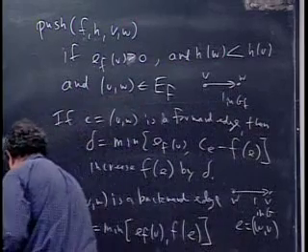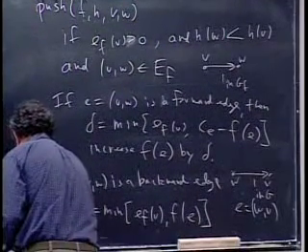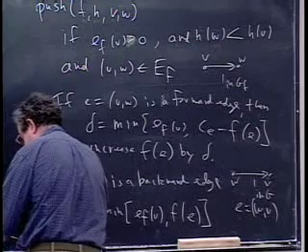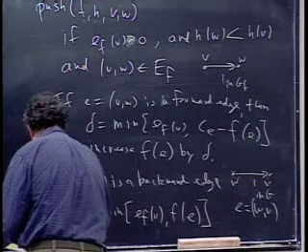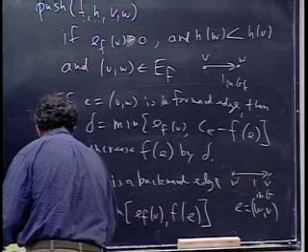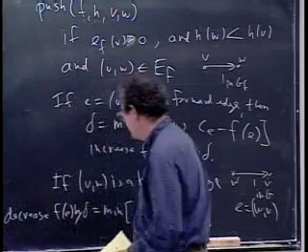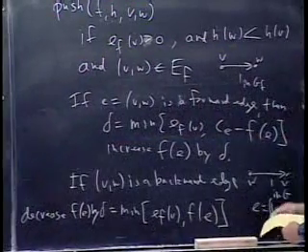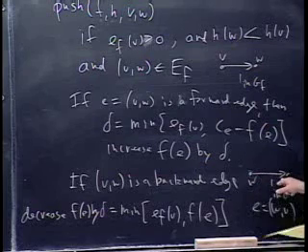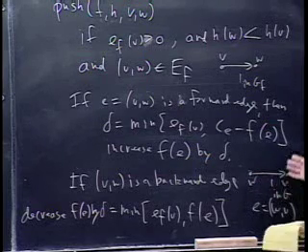And then we can decrease f of e by that much. So we're going to decrease the flow that goes from here to here by as much as we can.